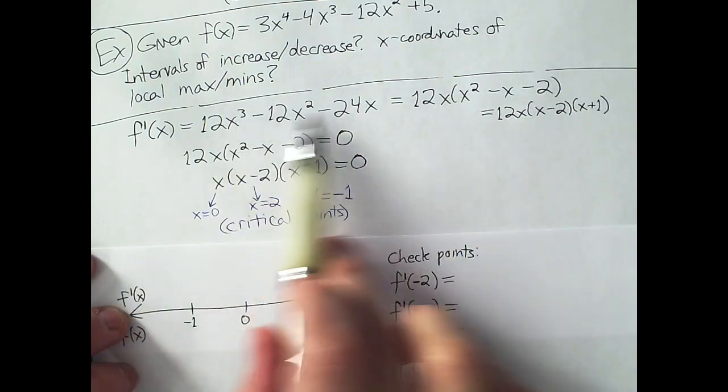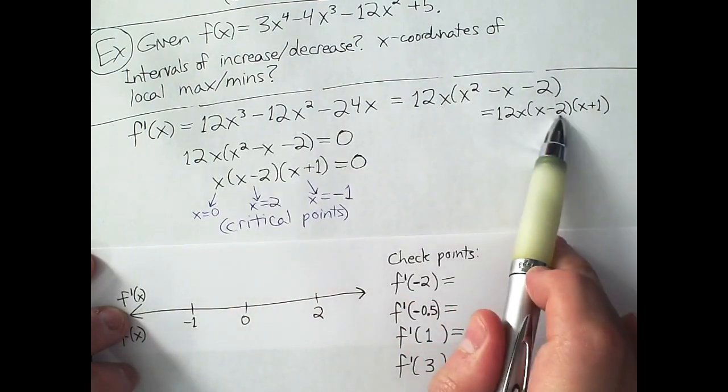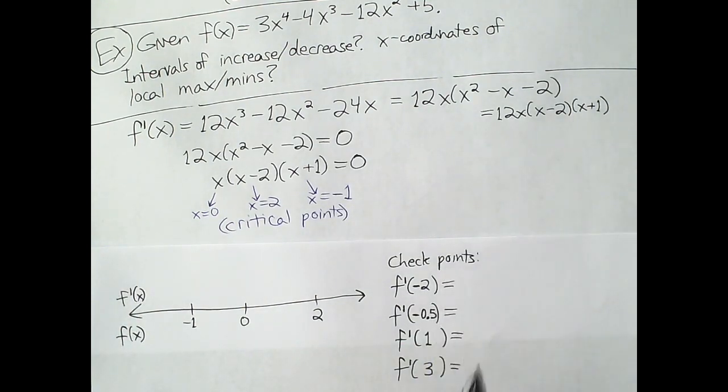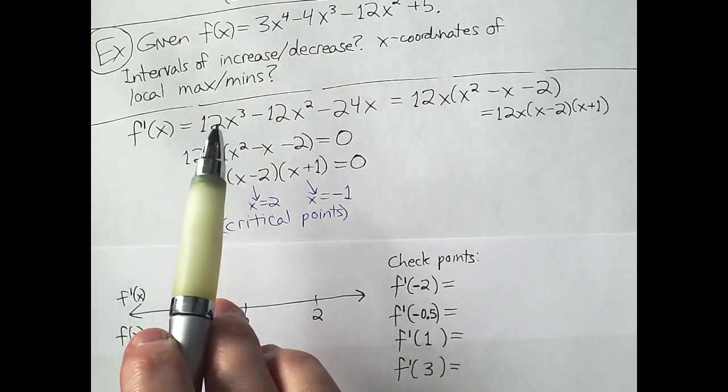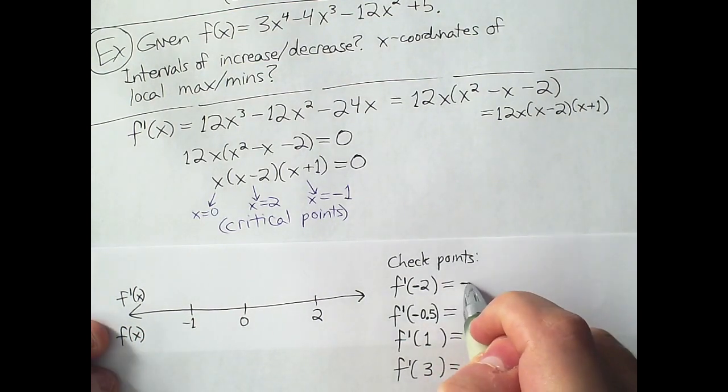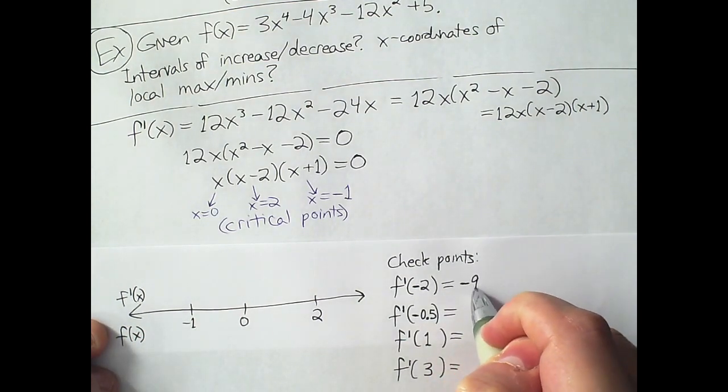All three of these things are f prime of x, so whichever one seems easiest to you. The factored form might be the easiest one to plug things into, because then you don't actually have to do anything cubed. See what I mean? Well, anyway, I put these in.